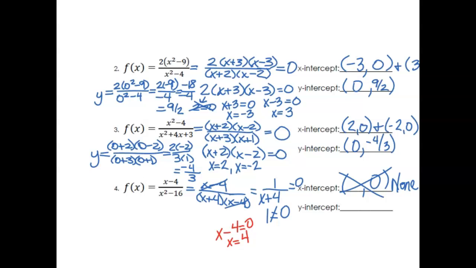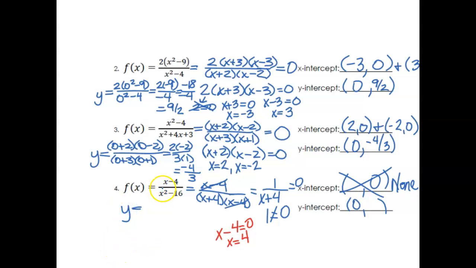So if I go find the y-intercept, what do I need to do to calculate it? Substitute. Substitute 0 in for x, because in my y-intercept, 0 is the x value. So I have y equals.